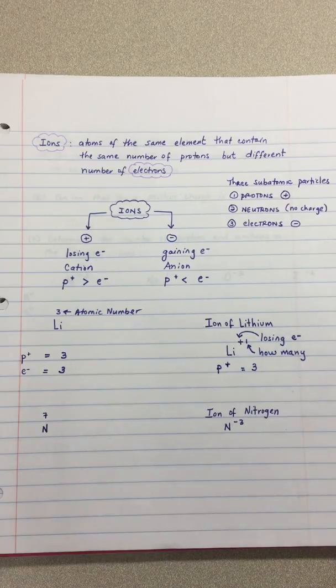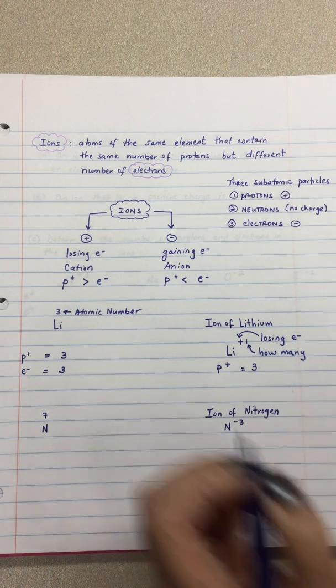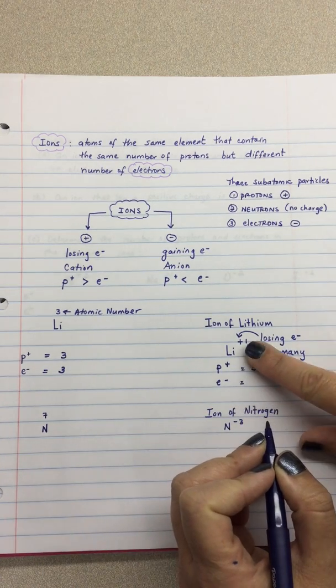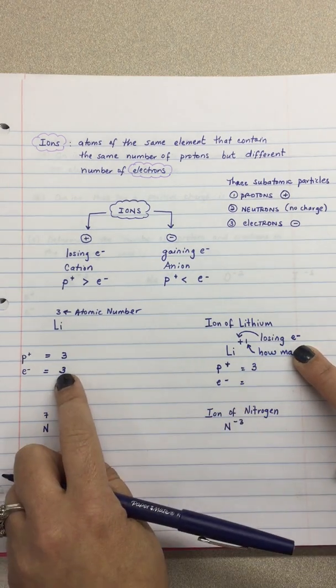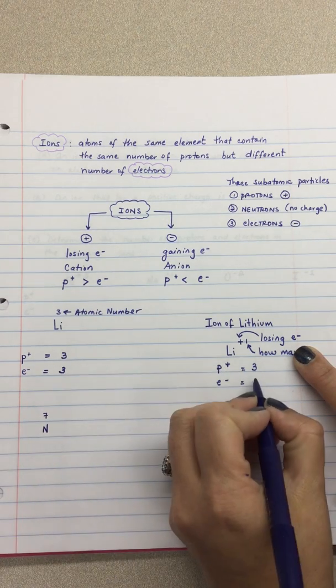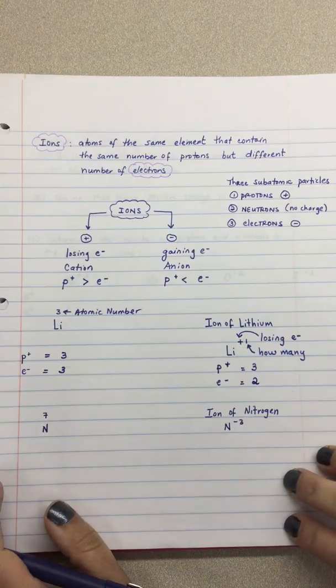The number of protons will never change in a chemical process. It's what gives you the element, the identity. What is different in your ions is the number of electrons. So since lithium is losing 1 electron, it goes from the original 3 electrons to 2 electrons now.